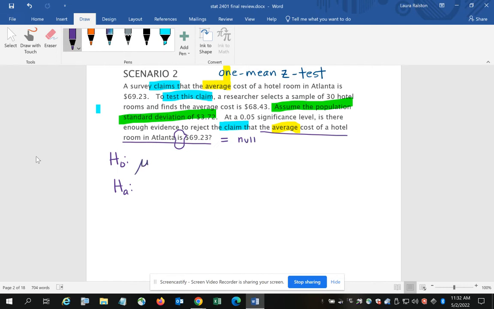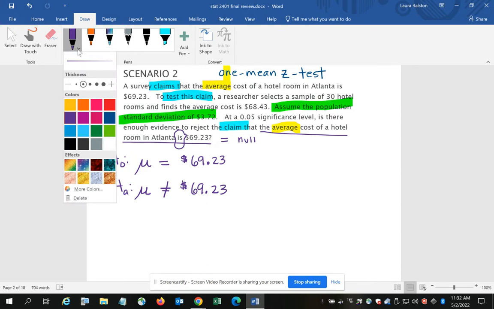So the mean is $69.23. I convert that sentence that's in words to symbols. We know that the alternative hypothesis is the exact opposite, so the mean does not equal $69.23.